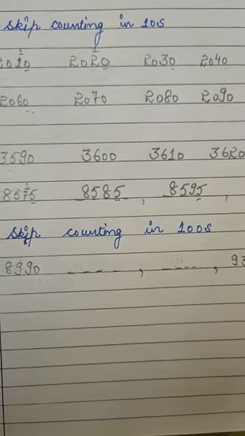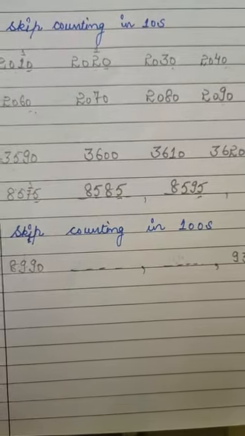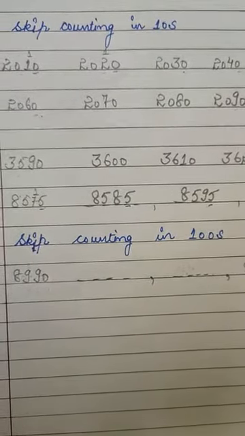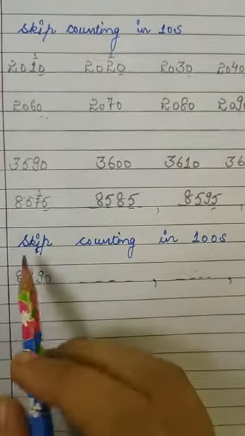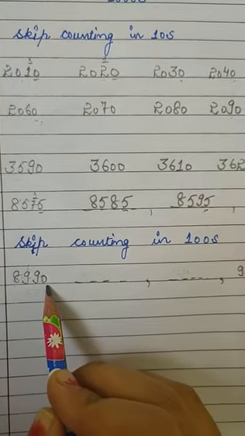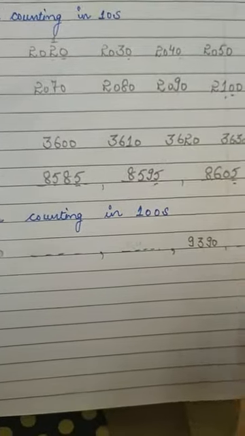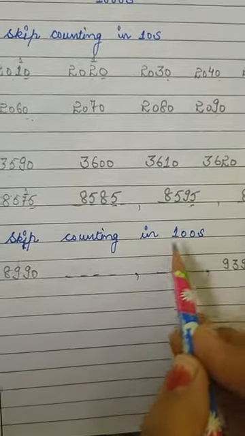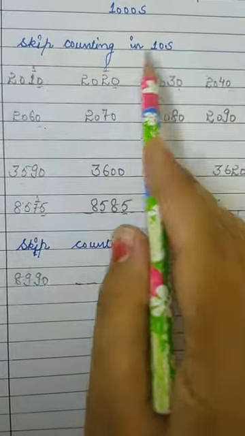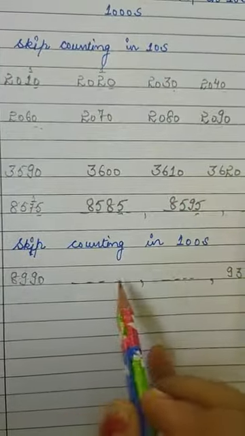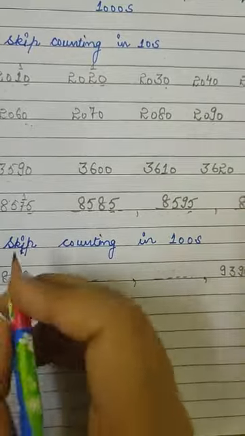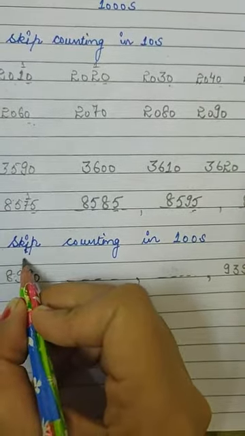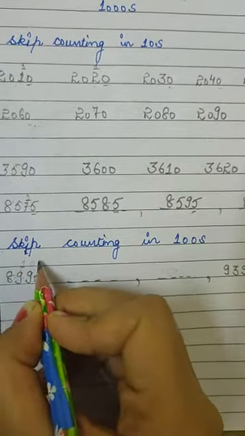Next is skip counting in hundreds. Now take an example for this. This is 8990. We have to complete this pattern by skip counting in hundreds. As we did skip counting in tens, in a similar way, what do we have to do? Just add 1 in the hundreds place, right?